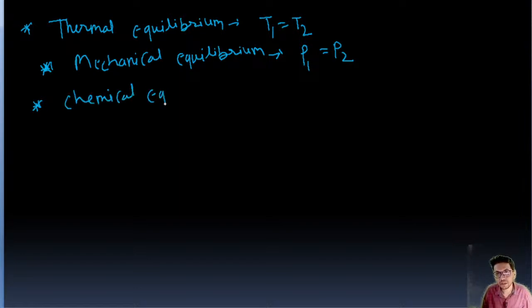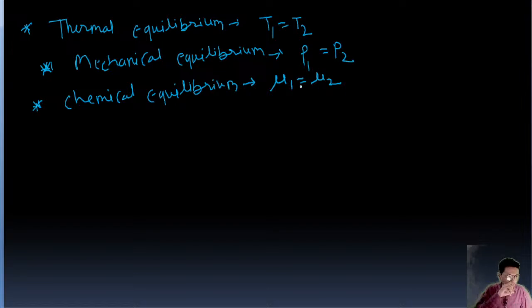Chemical equilibrium means mu1 equals mu2. That is chemical potential. Mu is chemical potential. Chemical potential of the first system equals chemical potential of the second system, right?